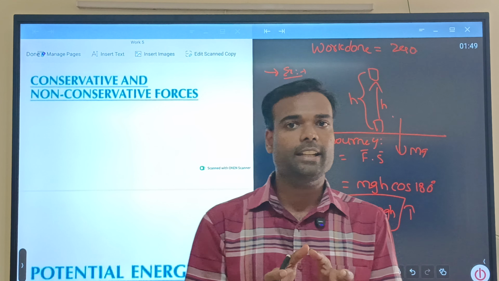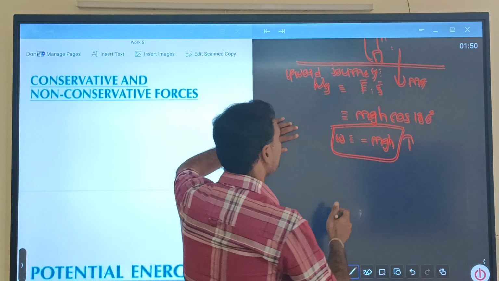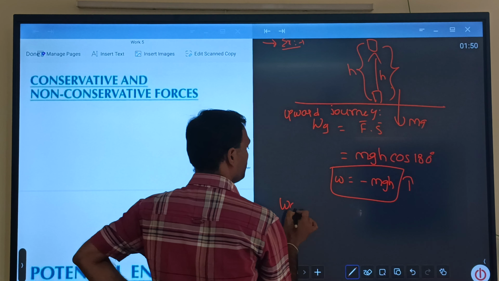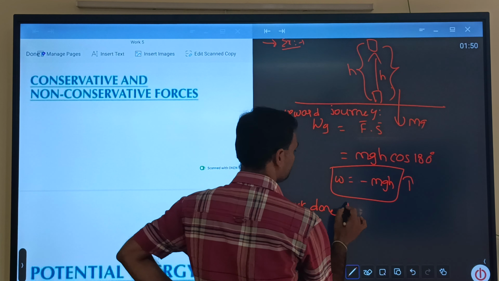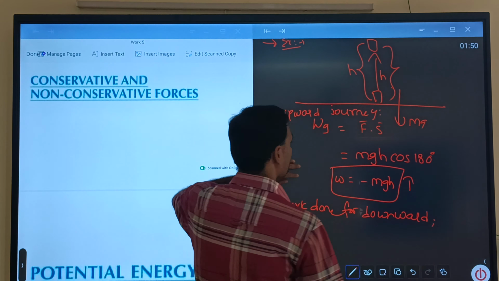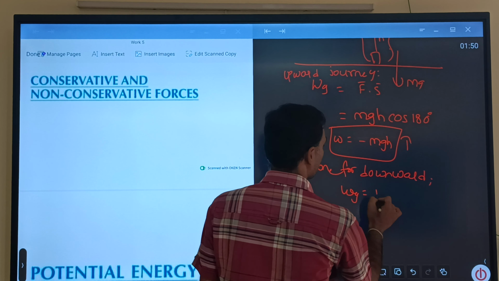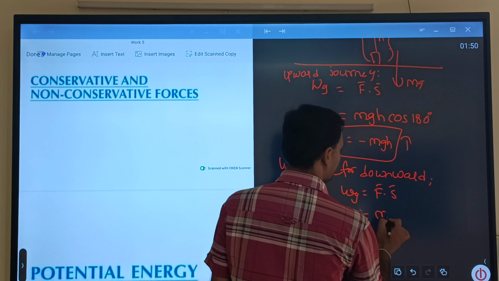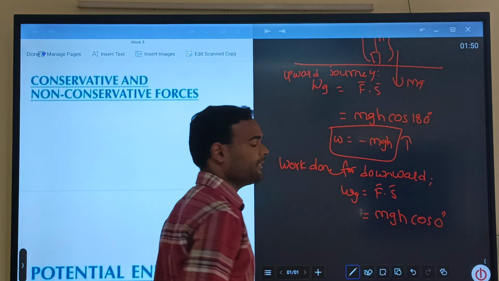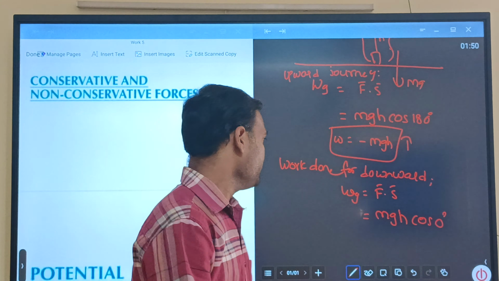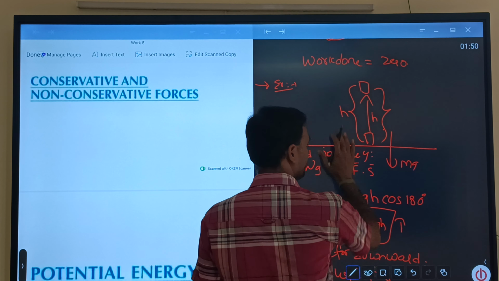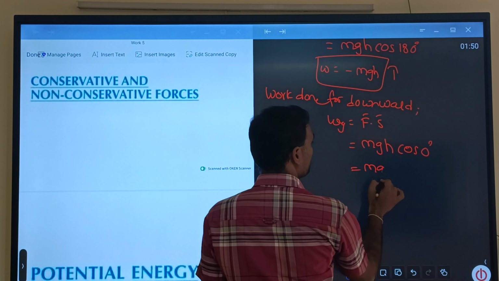Let us see the work done for the downward journey. W_g is force dot displacement, mg h cos 0 degrees. Here mg is in the downward direction and h is also in the downward direction, so it will be mgh.